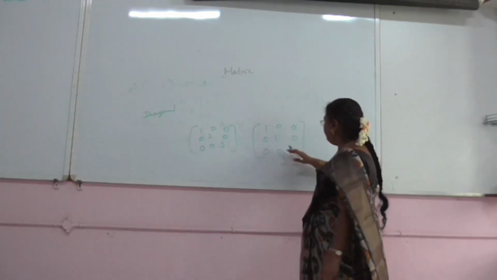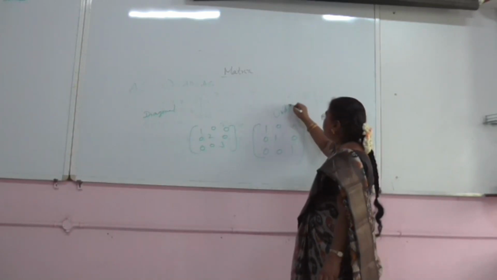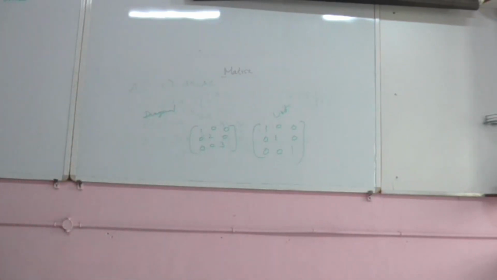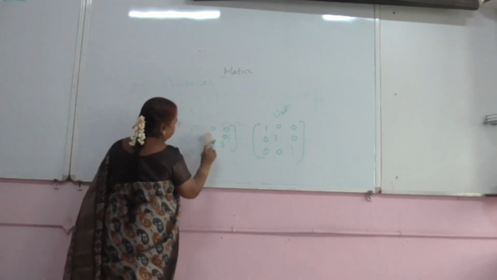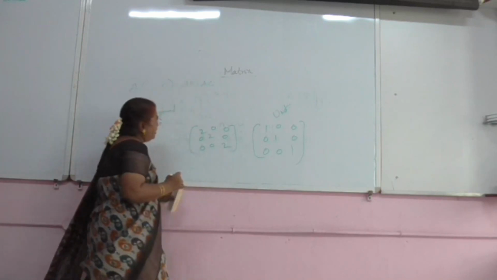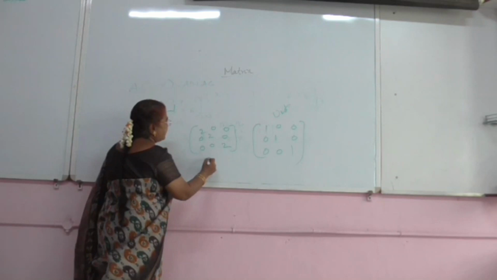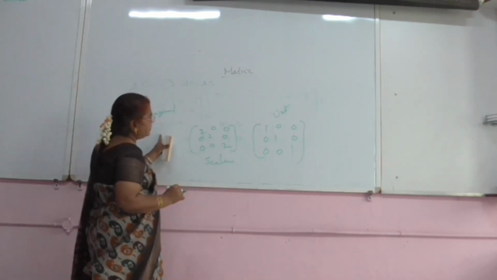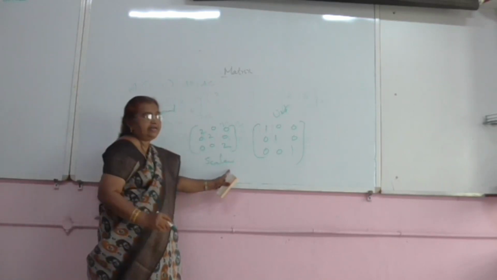If all the diagonal elements are equal to some number, then this is called a scalar matrix.